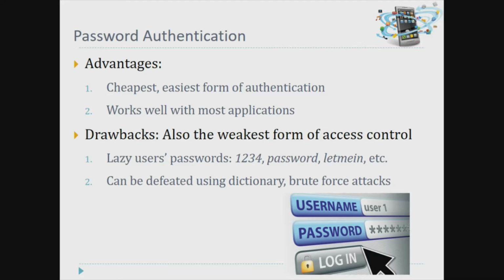For example, if you want to use biometrics such as face recognition, you must ensure that the device has a camera. So you need another level of thinking before you can develop or apply the authentication mechanism. But for the password, it is the cheapest and easiest to implement and apply.